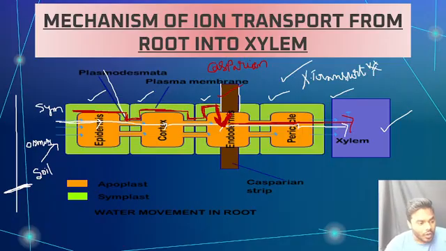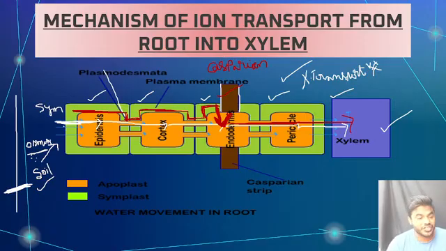First, how water molecules reach from the soil into the epidermis, that is the extension of the root hair, via the process of osmosis. Absolutely true point, no doubt about it. So once it reaches the epidermis, some of the water molecules to enter into the xylem use the symplastic pathway. Some of the water molecules use the apoplastic pathway.